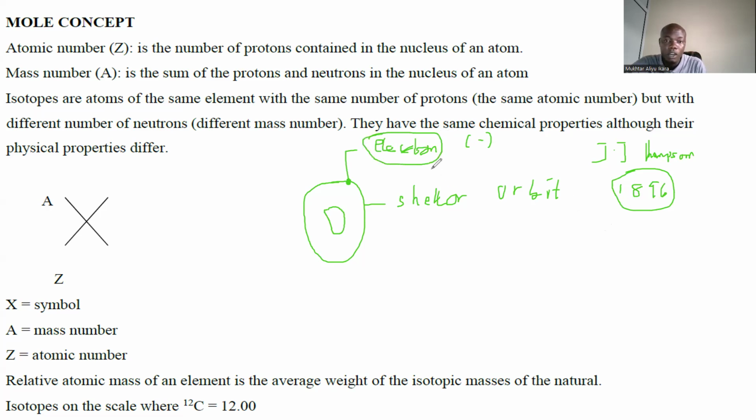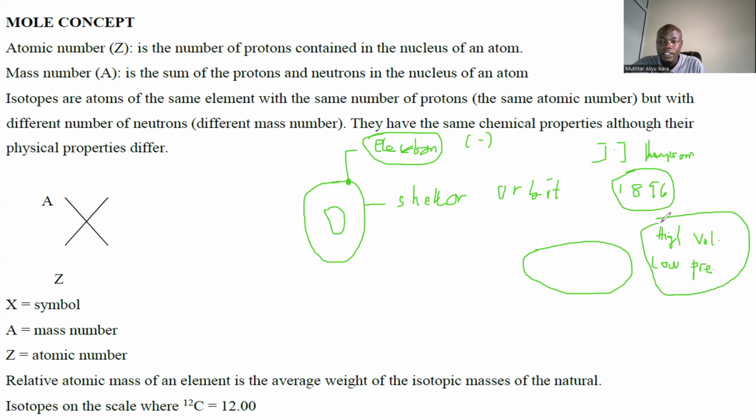How this scientist was able to discover the electron is by applying high voltage and very low pressure in a fluorescent tube.